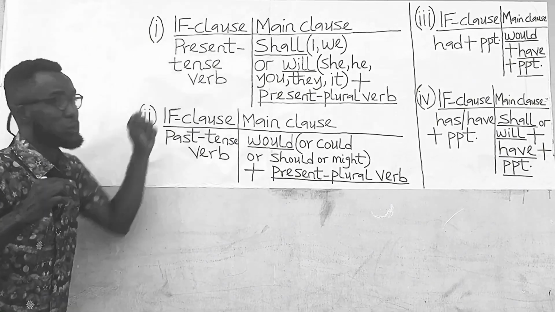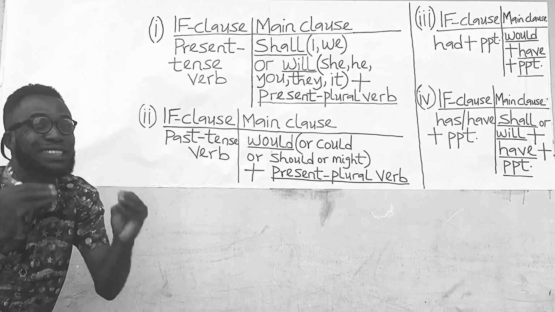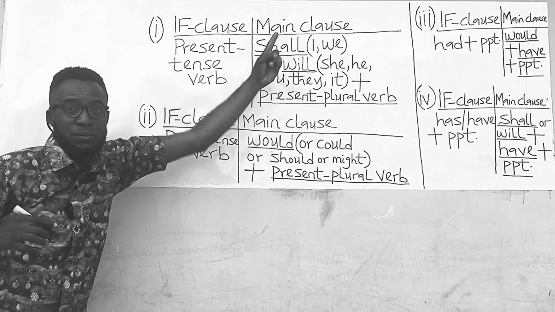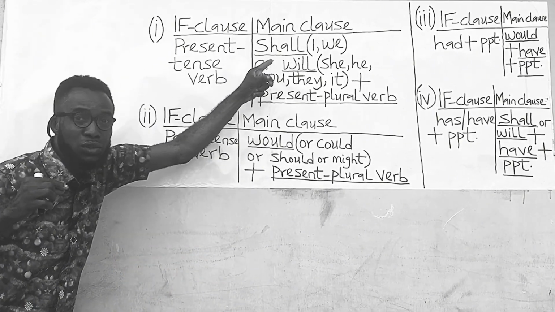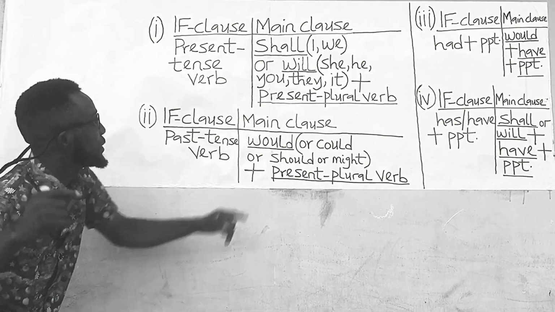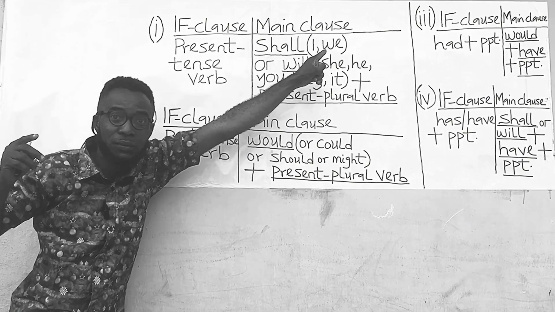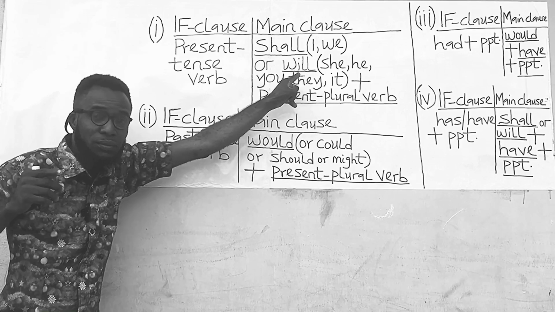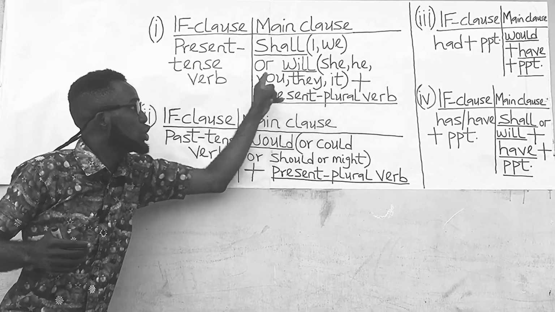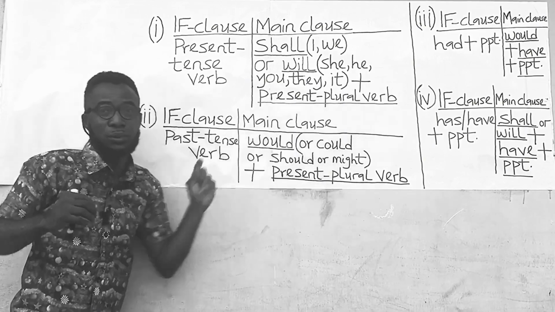Roman figure 1. When the if clause contains a present tense verb, a simple present tense verb, and they want you to complete the main clause, then the gap in the main clause should be filled with shall if the main clause begins with I or WE, the pronoun I or the pronoun WE, or will if the main clause begins with the pronoun she, he, you, they, or it, plus a present plural verb.